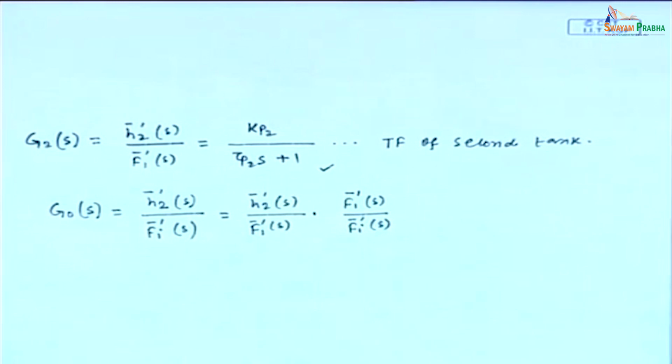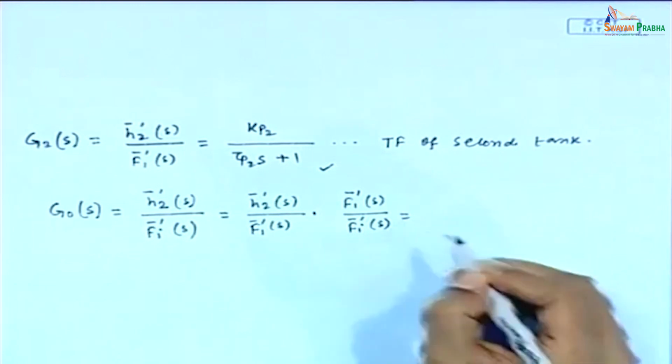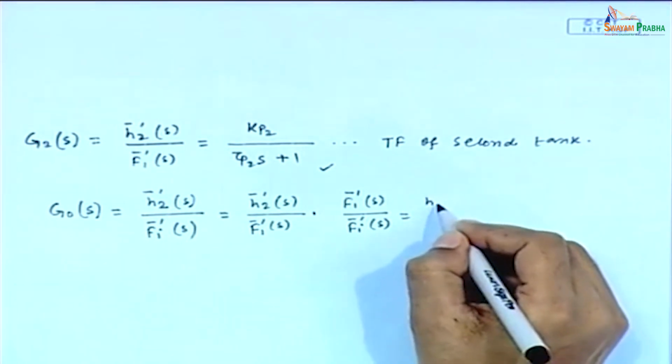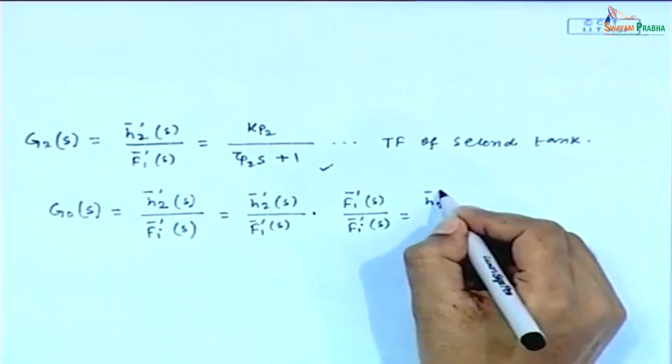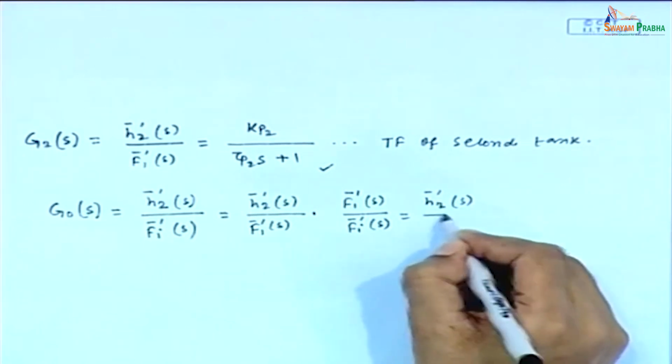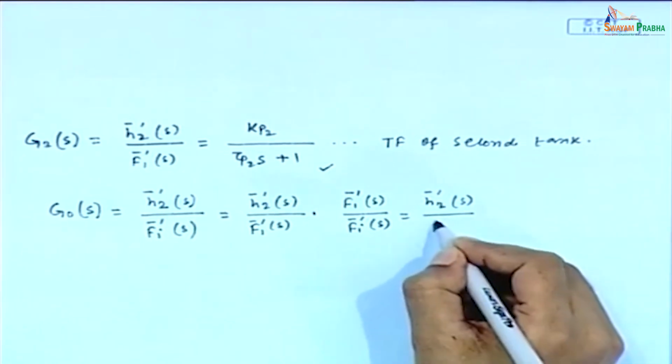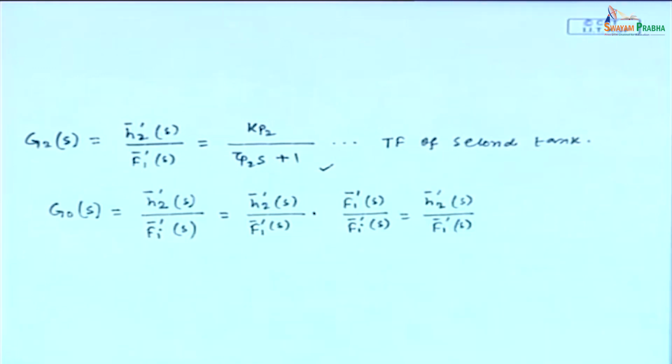Can we write this? The overall transfer function we can write in this form. So, this is equal to H2 bar prime(s) divided by F1 bar prime(s). This is nothing but the transfer function of tank 2.